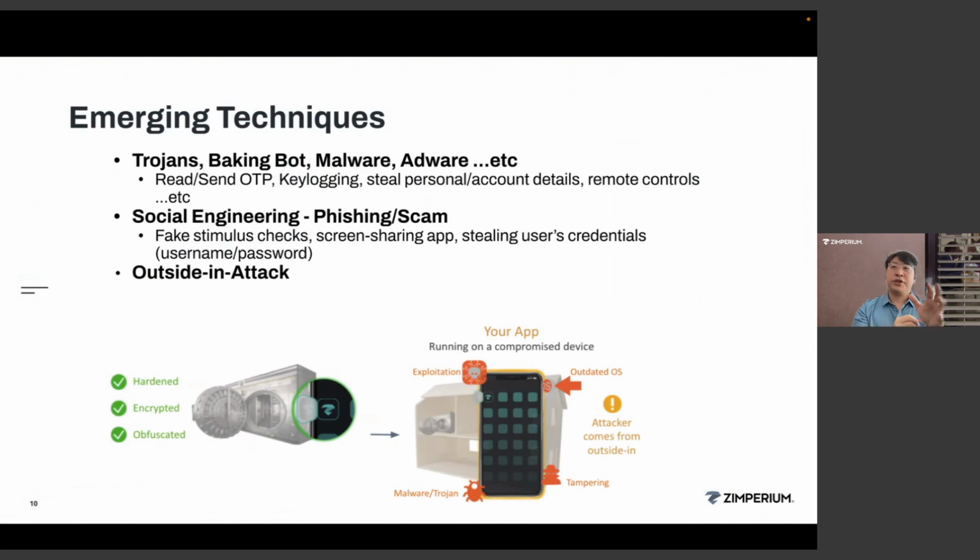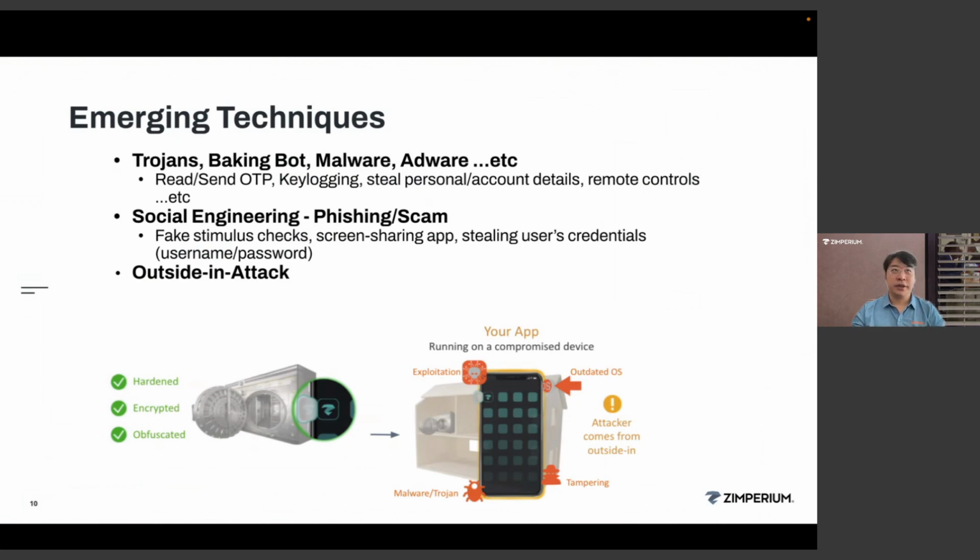While you have a very secure room in the house, if the house is already compromised, if the bad guy is already inside the house, then it doesn't really matter how secure your room is constructed. It's just a matter of time before the attacker can get in, right? And the attackers are using innovative ways like malware, right? Trojans. They are exploiting vulnerabilities of the operating system, essentially breaking into the house, then breaking into the applications.